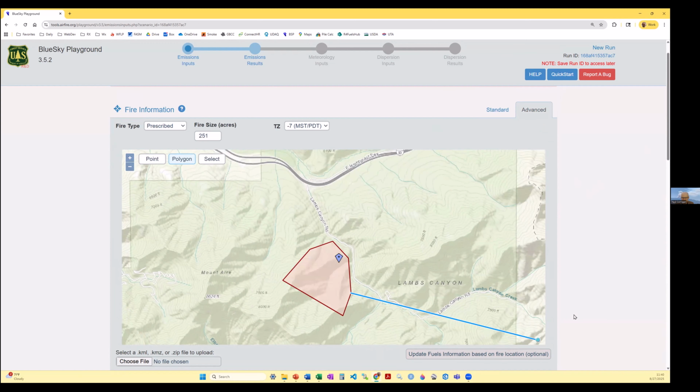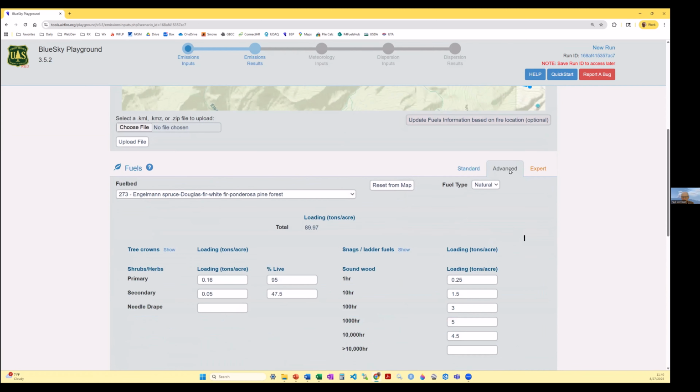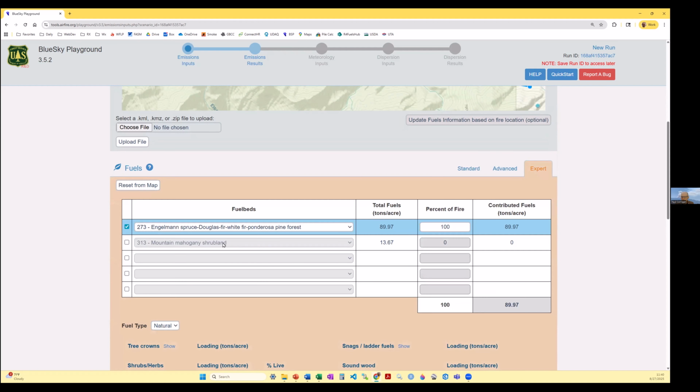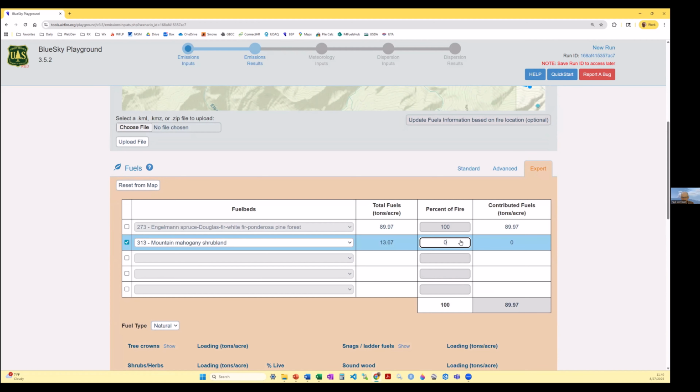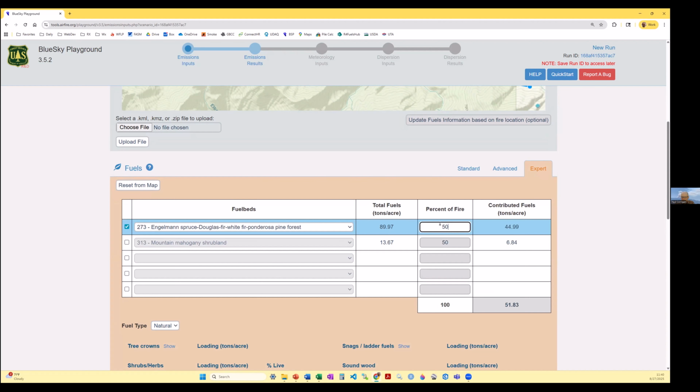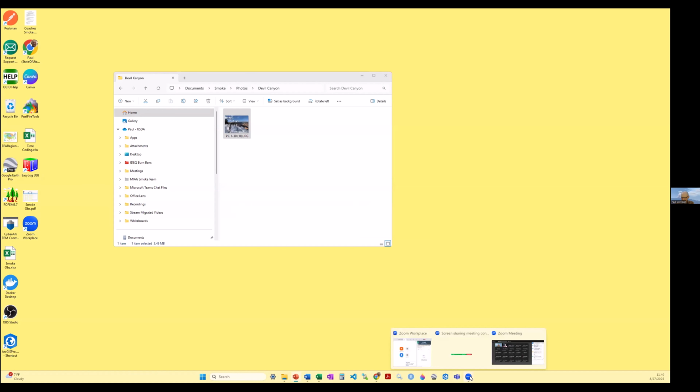Then I'll update my fuels information, and now I have more than one fuel bed. It is both Engelmann spruce on the north aspect where it's shady and mountain mahogany on the south aspect. If I want to go to like 50-50 for that, I can do that. So BlueSky Playground does have this functionality where you include multiple fuel beds under the expert mode. But again, we'll move on because that's not exactly why we're here today.